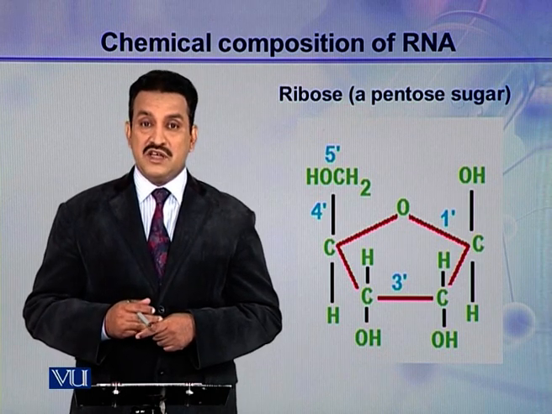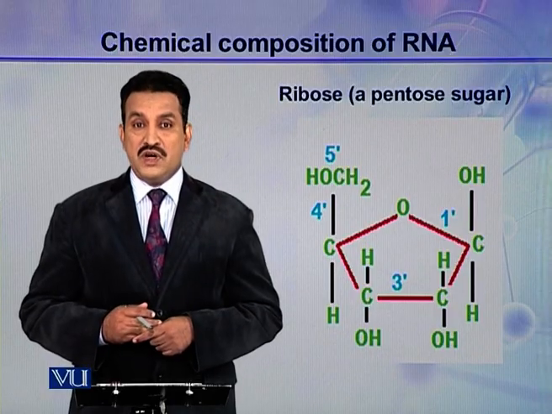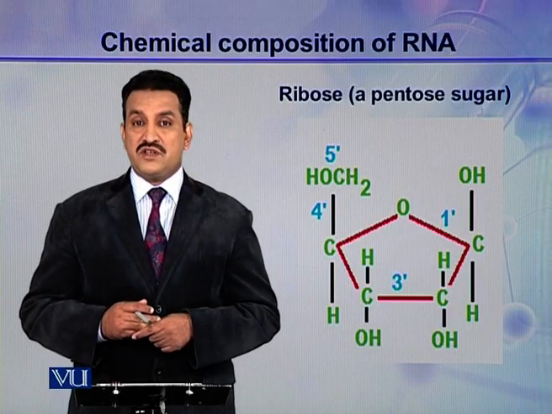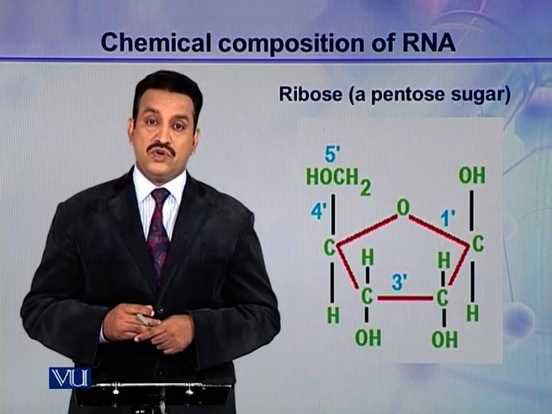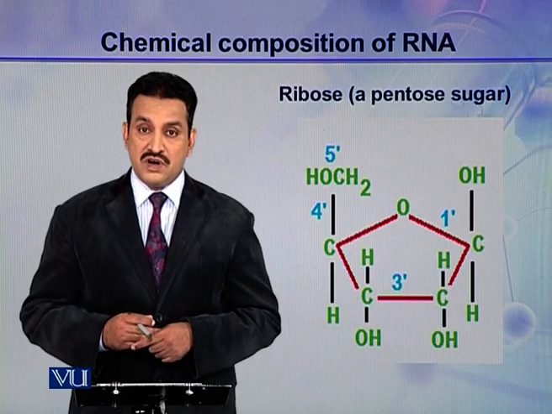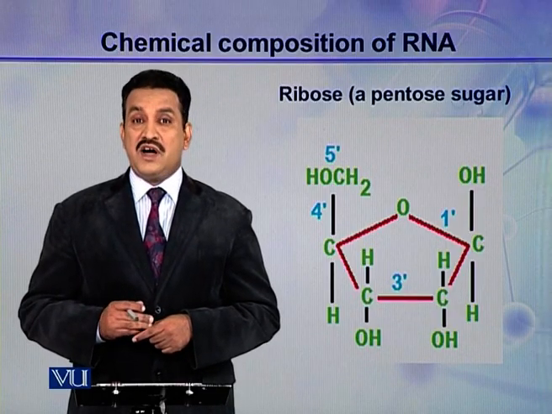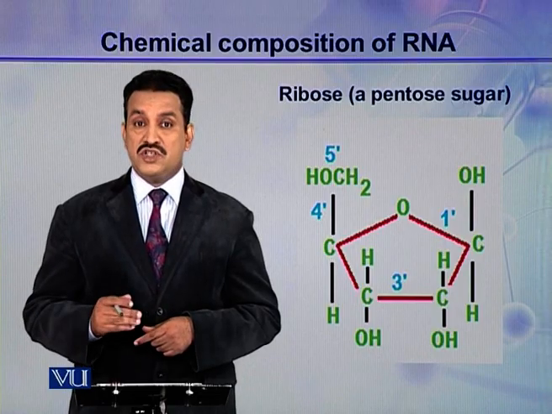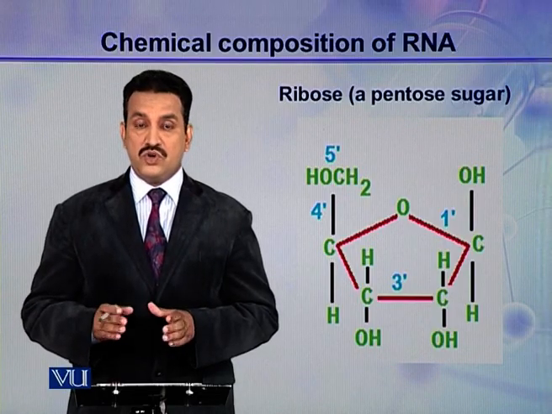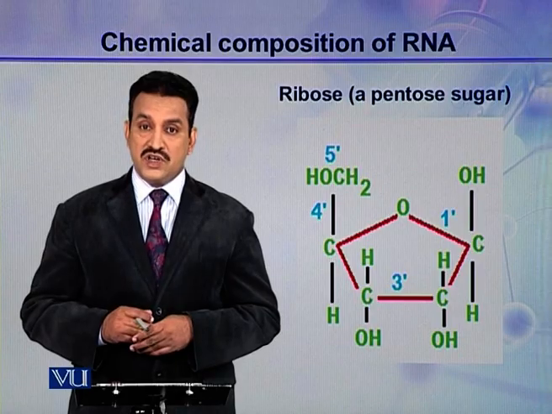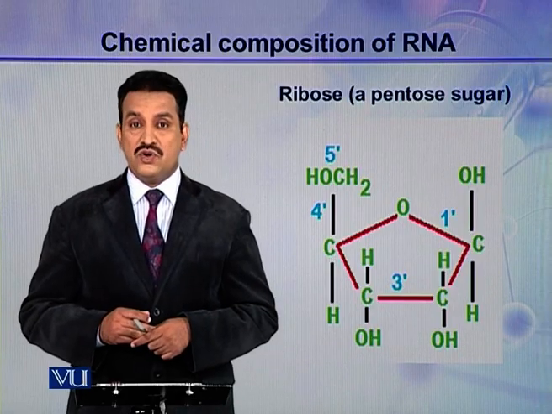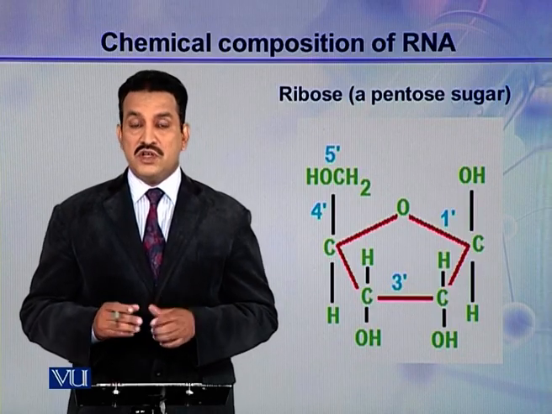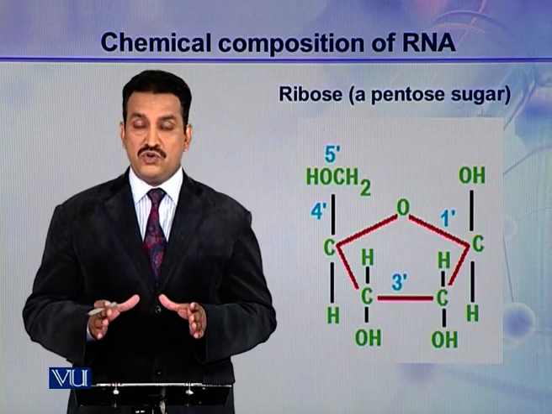You can see at carbon number 2, an OH group is present here, but in case of deoxyribose sugar, only hydrogen was present, oxygen was removed. So here the pentose sugar is ribose instead of deoxyribose. This is the first component of our ribonucleic acid.